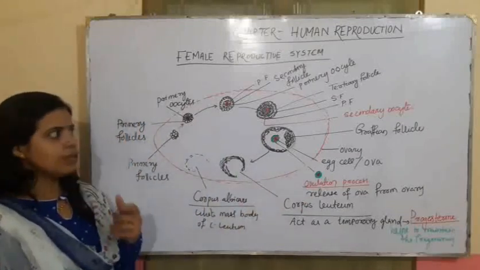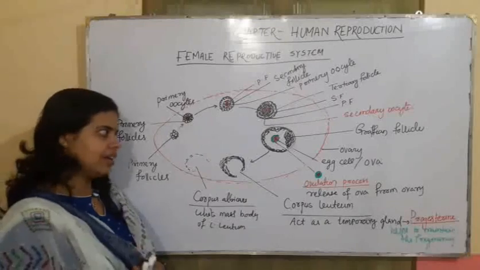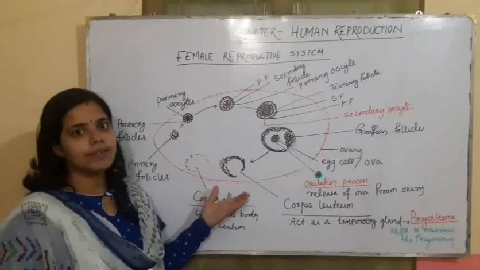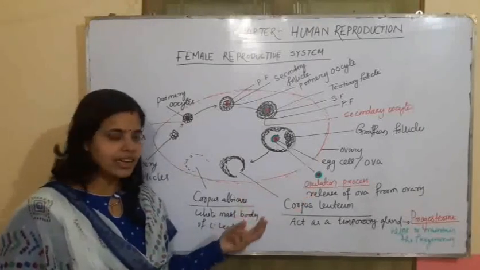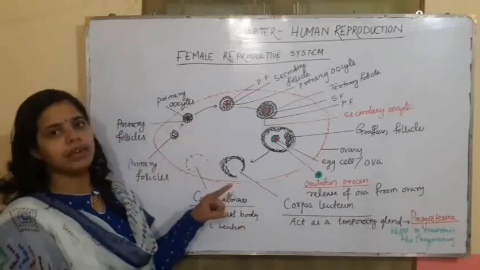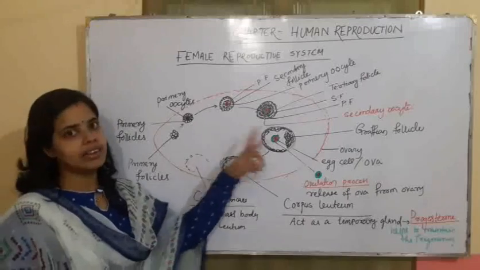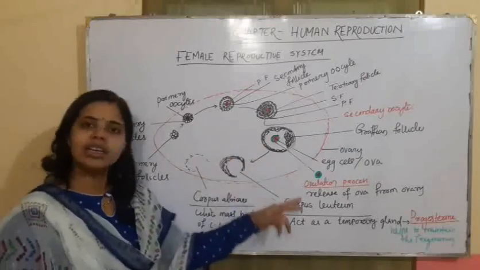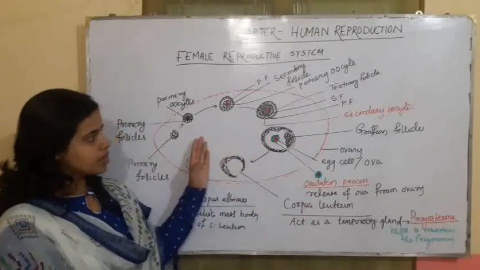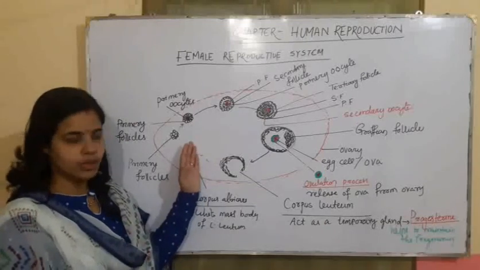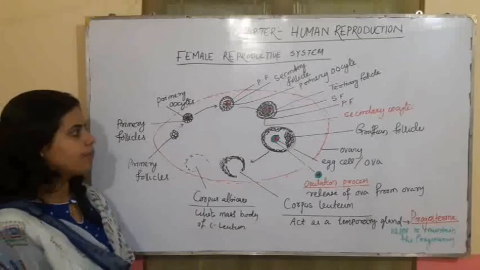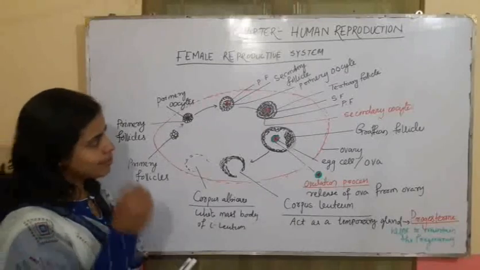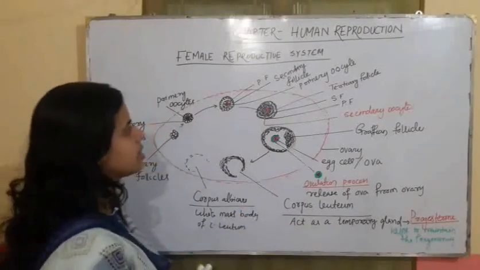And we definitely have a doubt: there are two ovaries, so every month maybe both ovaries will produce, but exactly it is not like that. Every month the ovaries alternately form only a single ova. Suppose this month the ova is produced from this ovary, then in the alternate month the other ovary will produce the other ova.